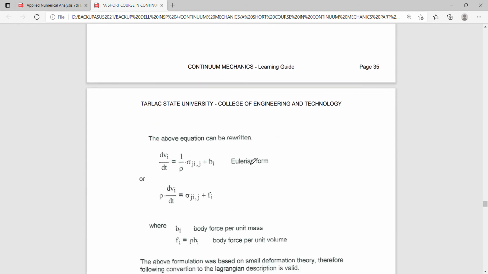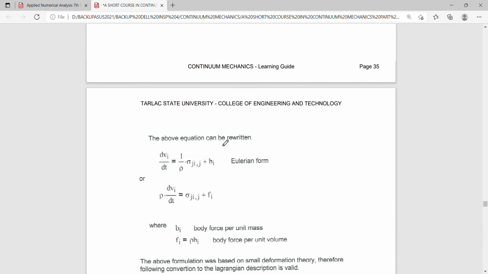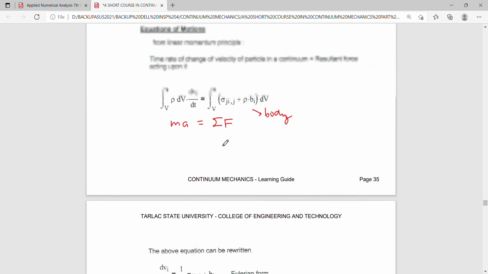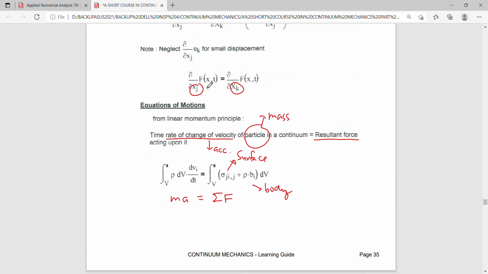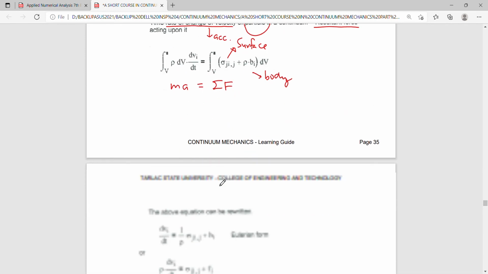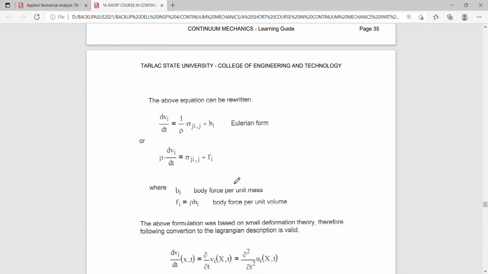So the above equation can now be written in this form. Again, we can now safely assume that we are referring to the Eulerian description here, as was defined earlier, or we can make use of this as your equilibrium equation.